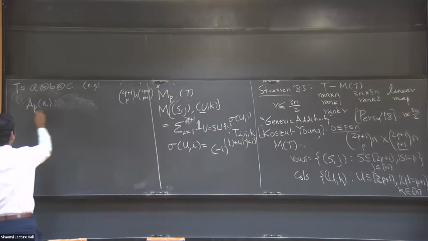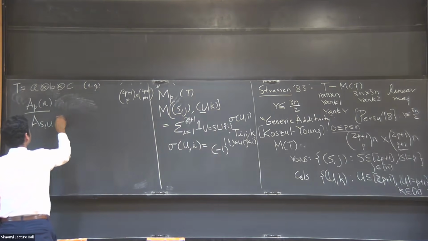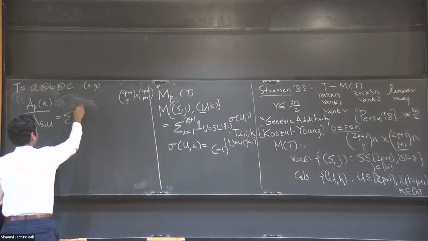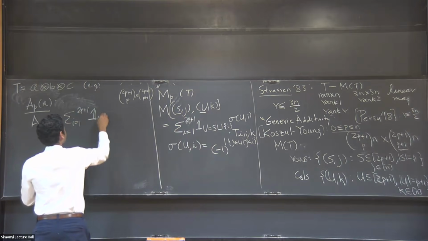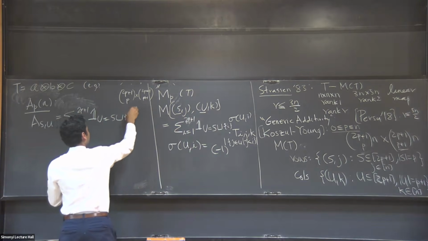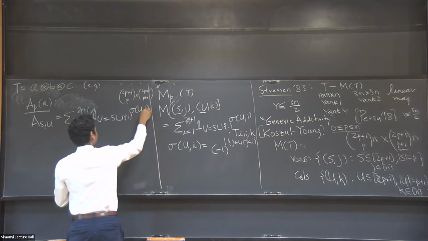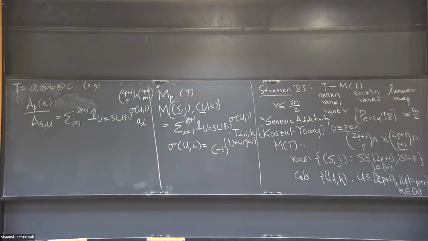I'm going to define this matrix A_P of A. So the entry at S comma U, the same over there. You can think of this as spreading.